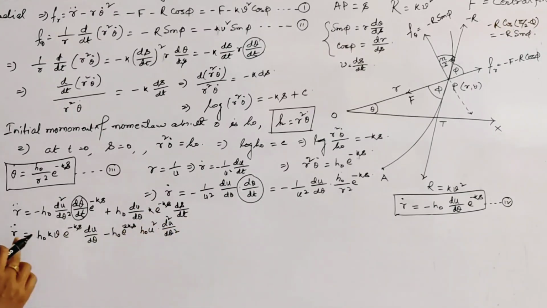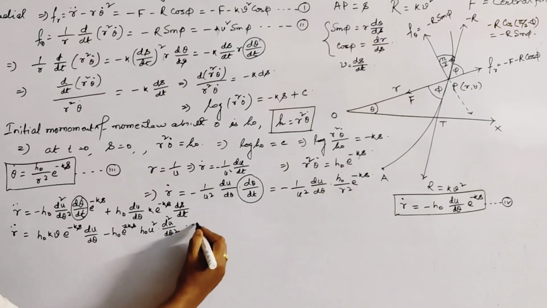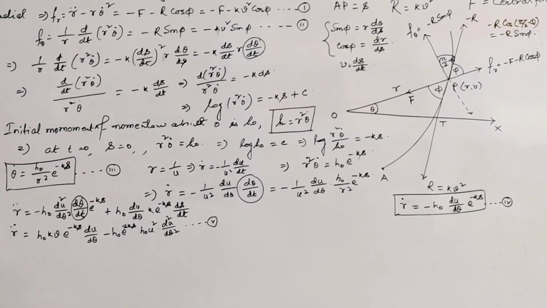This relation is r double dot, and we name this relation as relation 5.